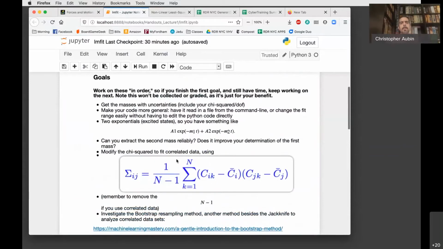Make it more general, where some of you are running a loop through the directory the data files are in to get all of the data. You can put in loops to do fits over all sorts of different time ranges. And you could also write out the results that you're getting to a file, so that once you do a fit, you'll save the results that you can then look at later.